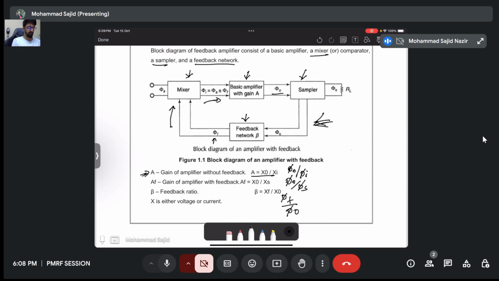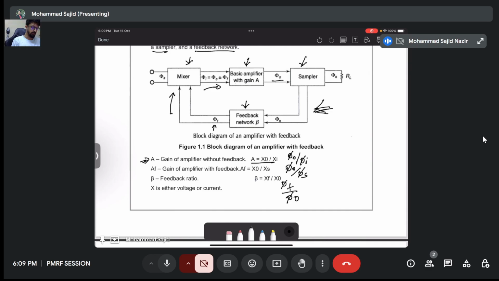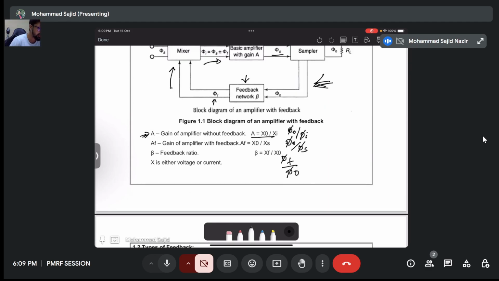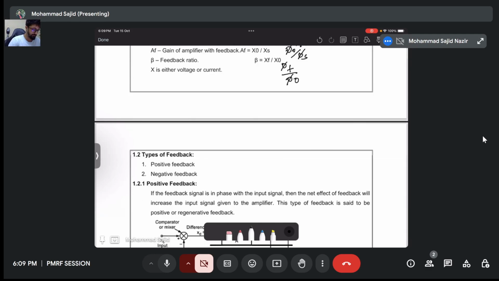So these are the three main parameters. And x here, that is xf, will be either voltage or current. So we will see when it is voltage and when it is current. That depends on the sampler, how we are sampling, and also mixing, how we are mixing at the input.